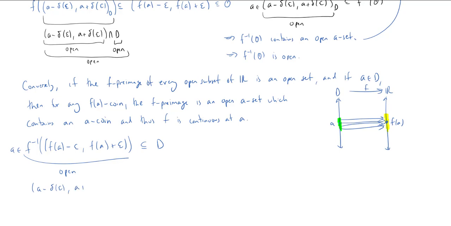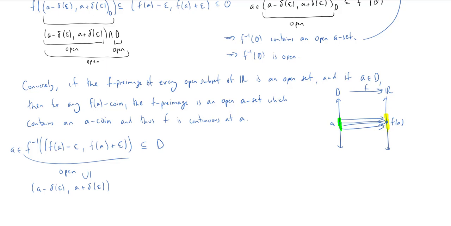Okay, I know now that there is some A coin which is contained inside this preimage, right? Because A is contained in here. This is an open set, and every point in an open set is an interior point, which means that you're going to have some A coin contained in this open set.